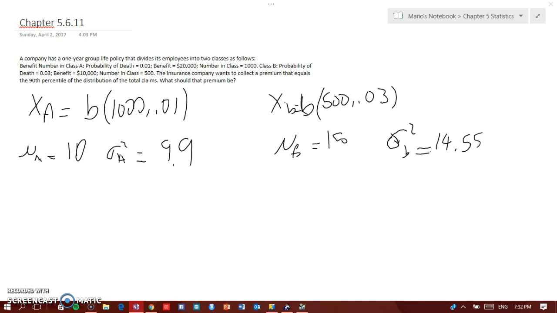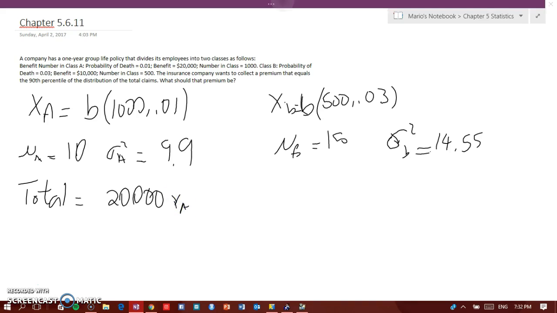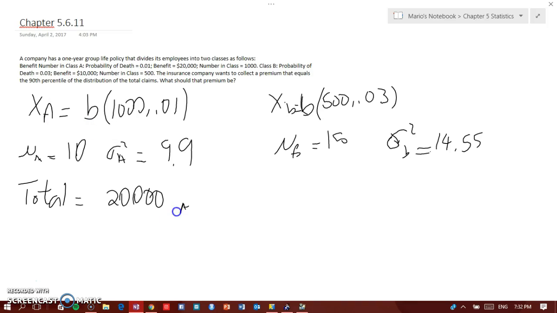So the total would be $20,000 times X of A, plus $10,000 times X of B. That would be the total.